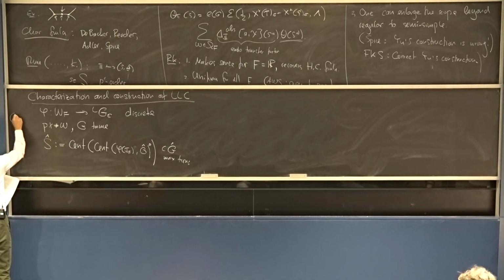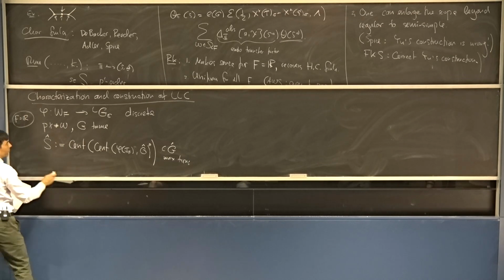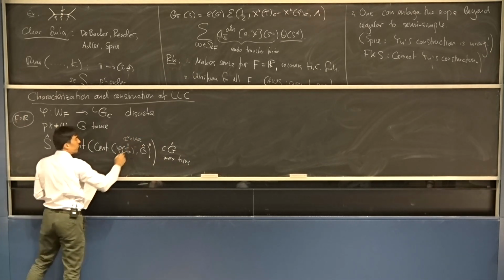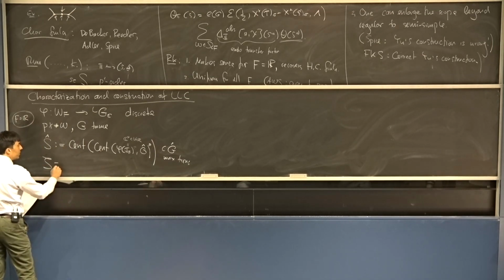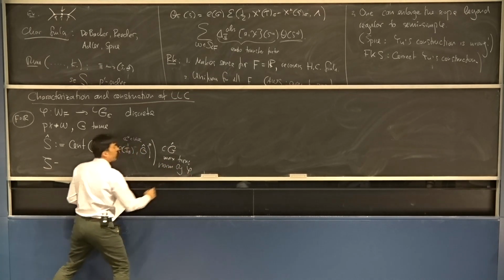Now, I'm allowing F equal to R. But then this inertia group will be replaced by C hat inside of WR. The construction works just as well. And then this is a maximal torus that's normalized by phi.